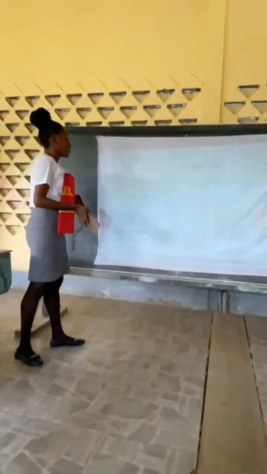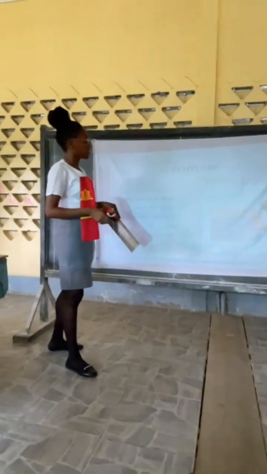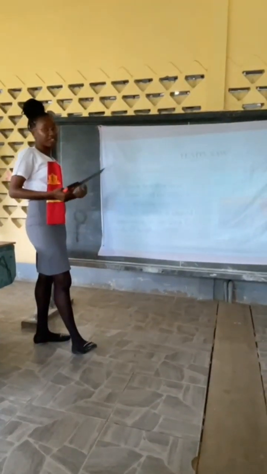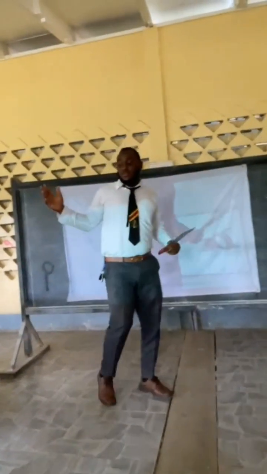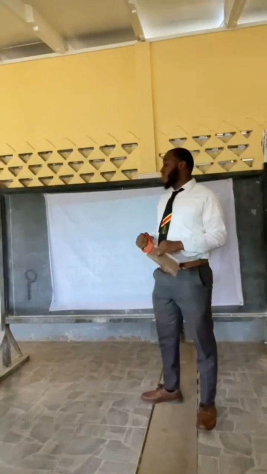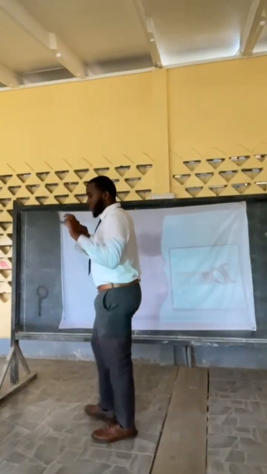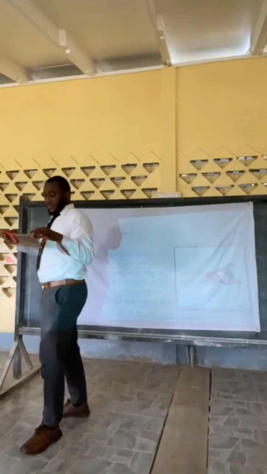So now we move on to the next types of saw. Good. So, let's look at the tenon saw. The next type that we look at now is the dovetail, right? Good. So, here is the dovetail saw.